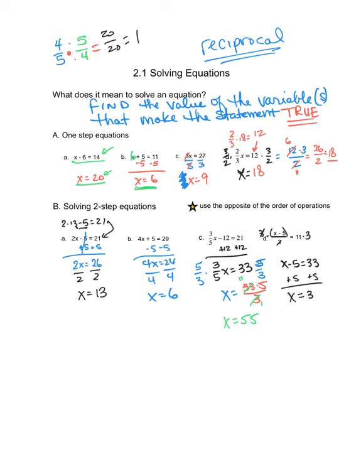So x equals 38. And again, if we plugged it back in, 38 minus 5 divided by 3, that's 33 divided by 3, which is in fact 11. Remember, we're going to do the opposite of the order of operations.